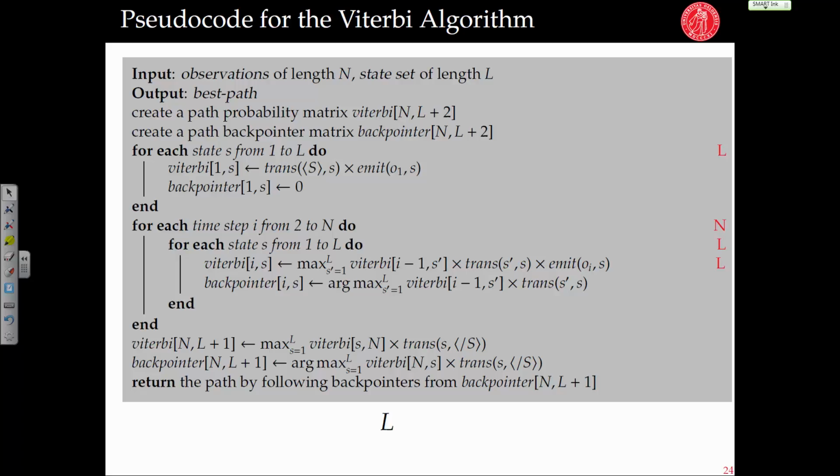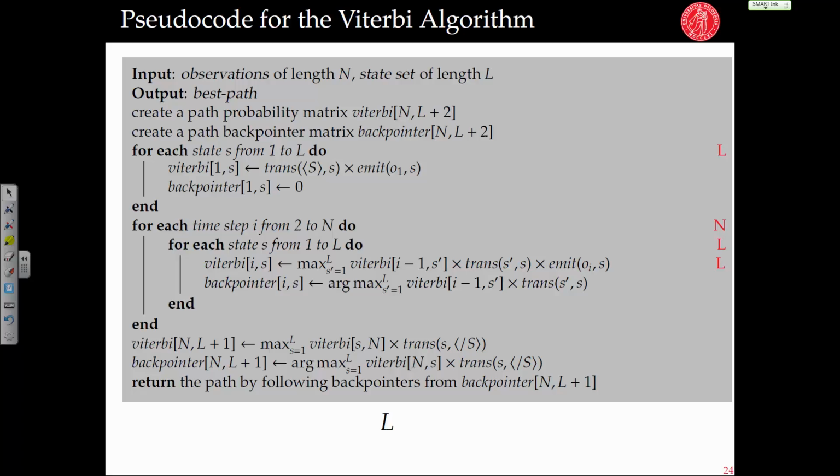There is something here that calls for a loop within these two lines, and that loop runs L times, in a sense. Can you see it? It's the argmax, yes. As we said, the argmax is a search.